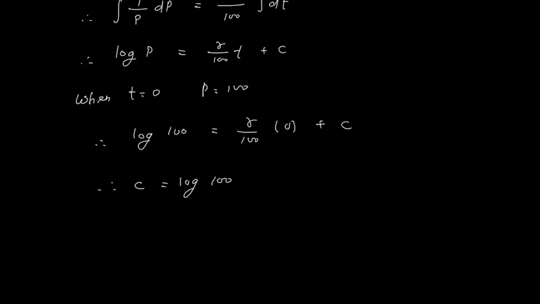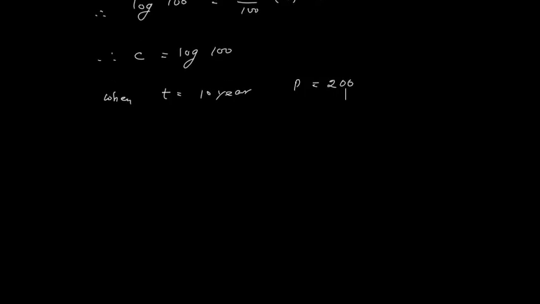Now this amount becomes double in 10 years. So when t is equal to 10 years, this amount P becomes 200. So again I have log of 200 is equal to R upon 100 into 10 plus the value of C, which is log 100.